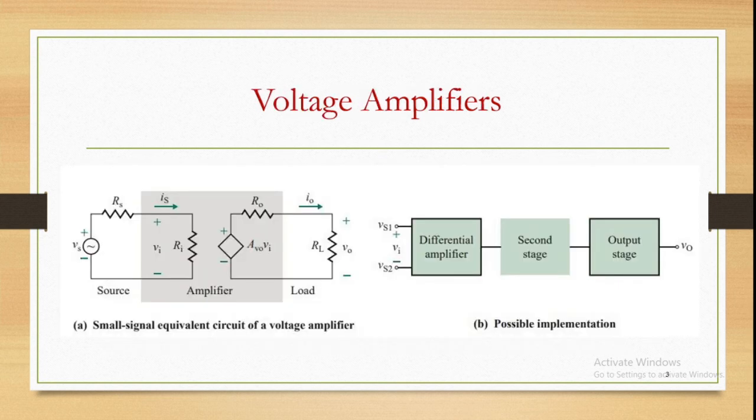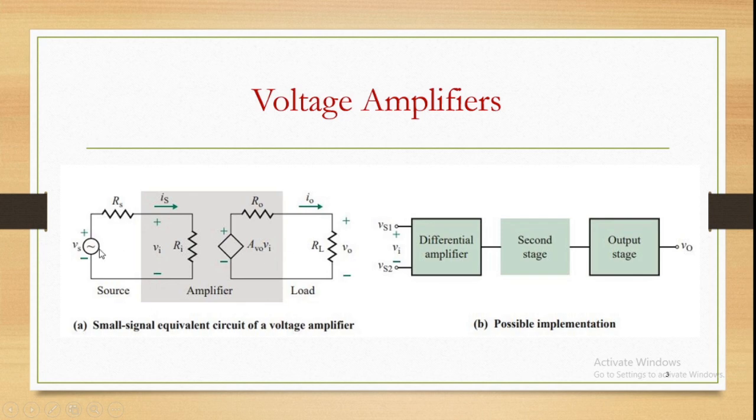So this is the equivalent circuit of a voltage amplifier. This dark gray block is nothing but the operational amplifier's internal diagram. Here, the voltage source Vs is the input and voltage source V0 is the output.